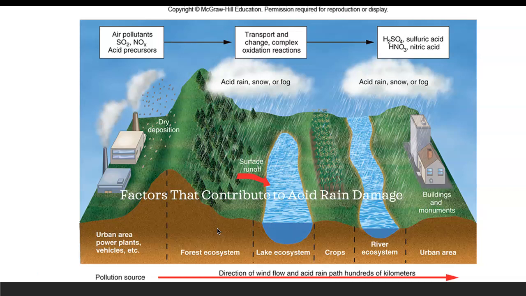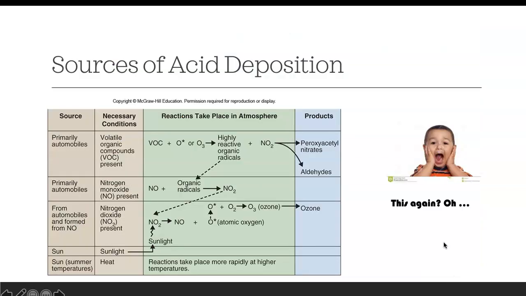And it looks like this. We have sources of those nasty precursors, and they will be carried on by the jet streams of the air, and it will precipitate in various forms, sometimes fog too, into the forest ecosystem, lake ecosystem, crops, river ecosystem, and urban areas, and cause a lot of damage.